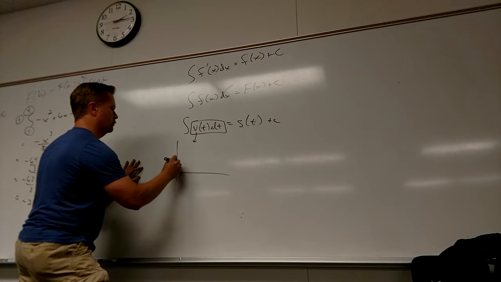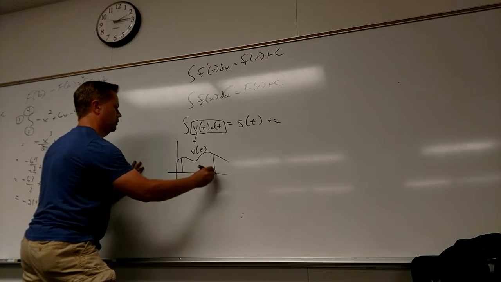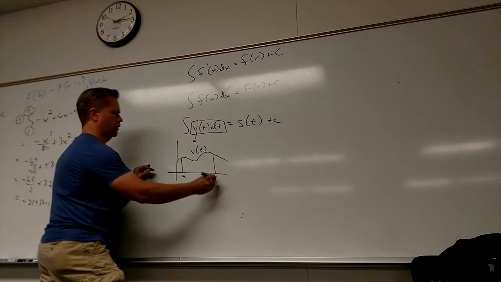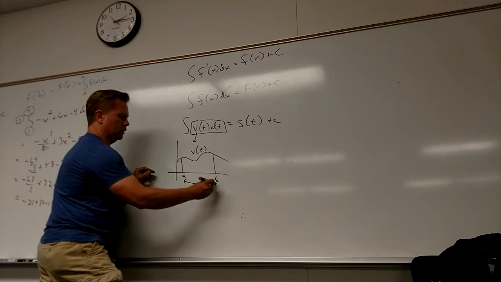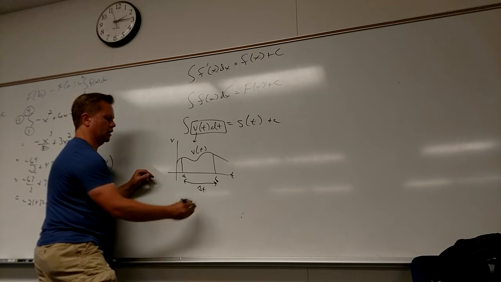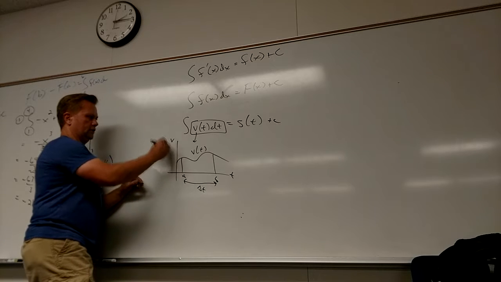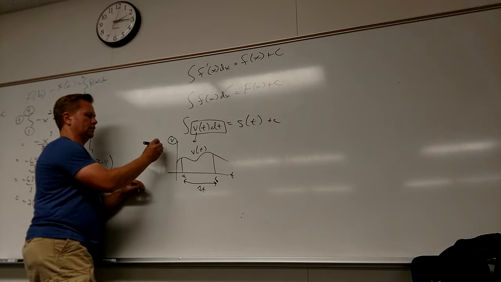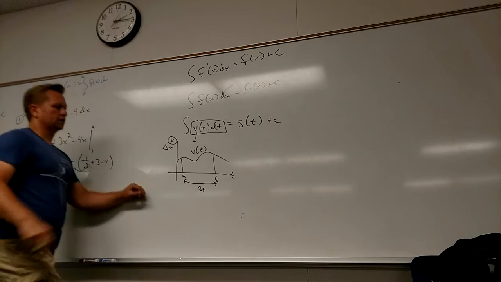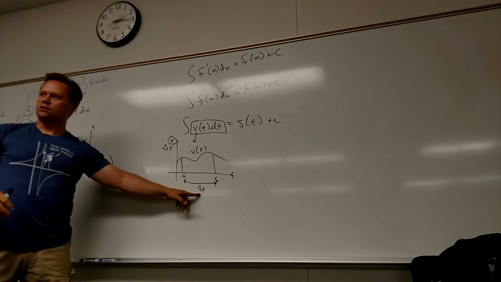If I had a function that was my velocity, and I had it between two points, A and B or whatever, wouldn't this be time? This would be change in time, and of course, this is change in position. That's what velocity is: change in position over change in time, right?